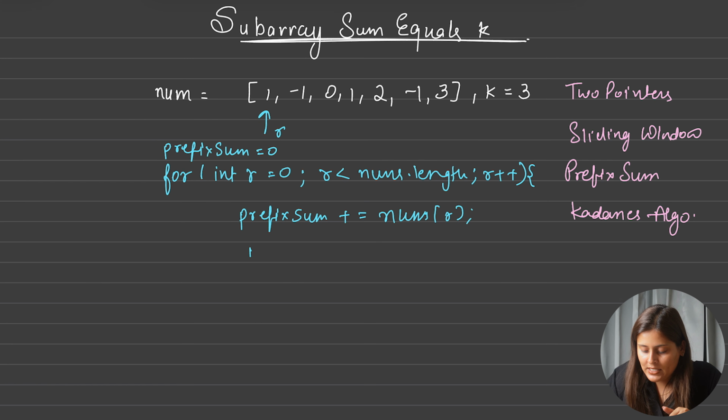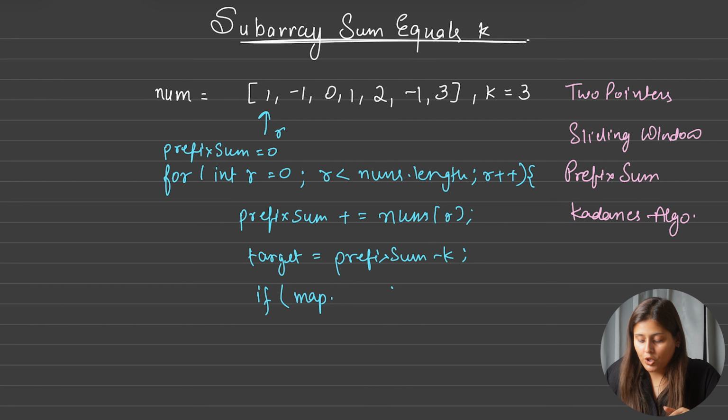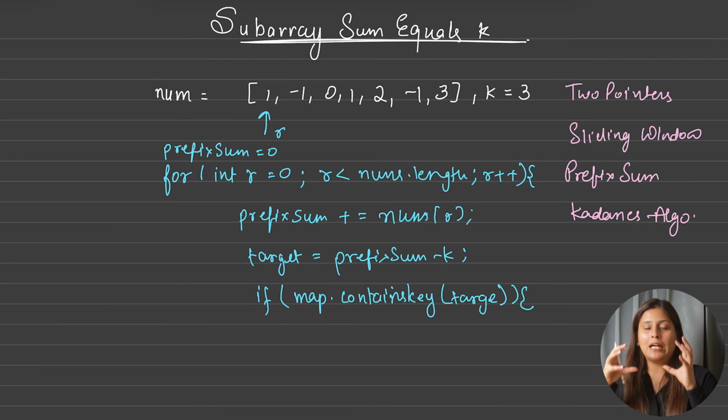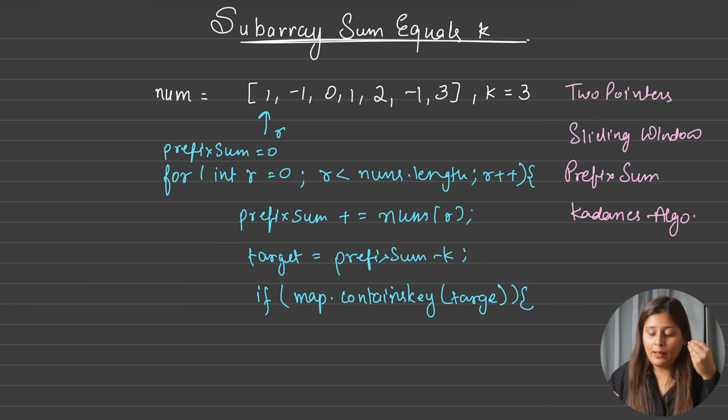So I will initialize my target here and in my target I will save prefix sum minus k. Now I have to look in the map: if map.containsKey, so I am looking for the key. What key? The target I am looking for, and if it is present then what I want to do? I want to count its frequency as the number of subarrays.